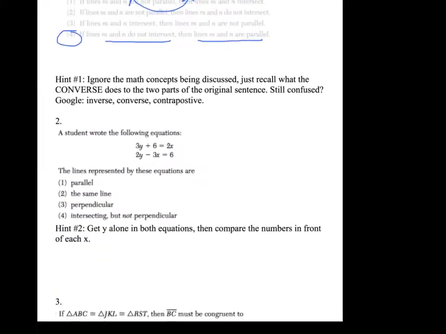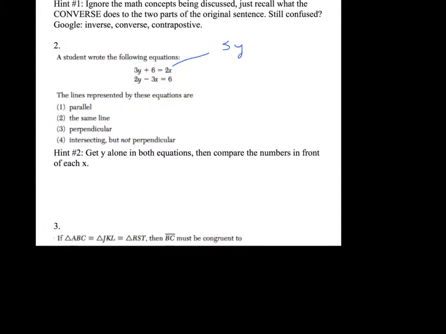For question number 2, they're asking us to find out if these two lines are parallel, or are they the same line, are they perpendicular, or are they none of the above. To do that, if you follow the hint, it gets you started in the right direction: get y by itself in both equations.